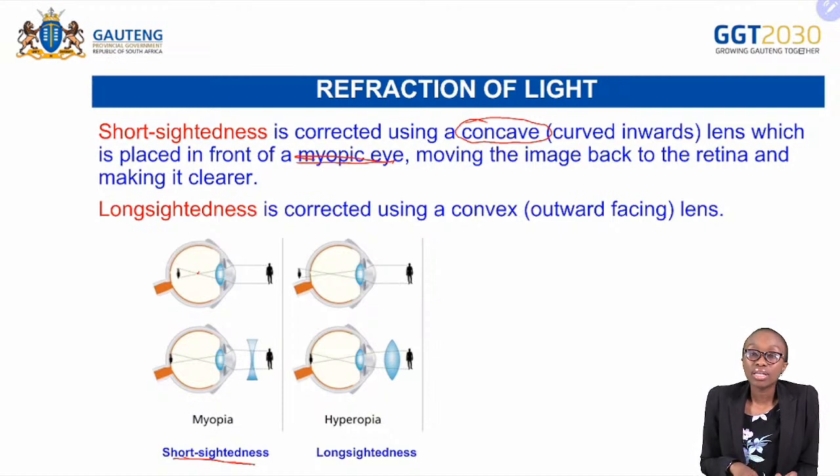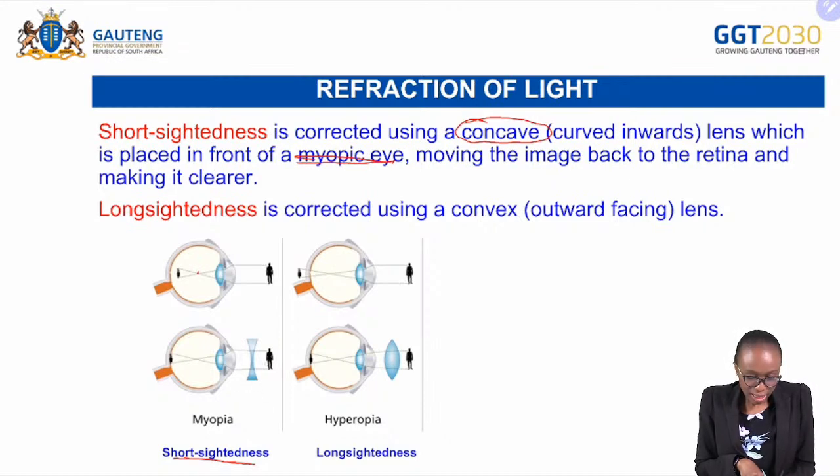So the light rays are not focusing at the retina and the image is not forming where it's supposed to form. Now with a concave lens, the light rays can be bent in such a way that the image forms at the retina.